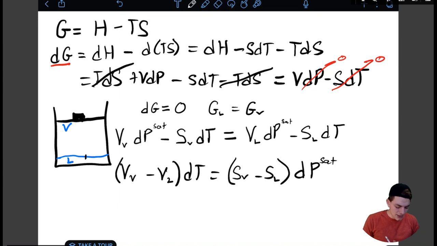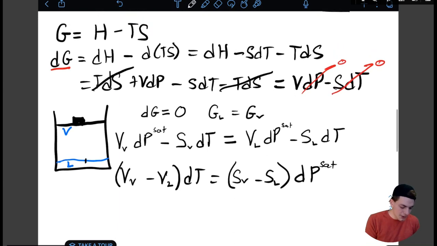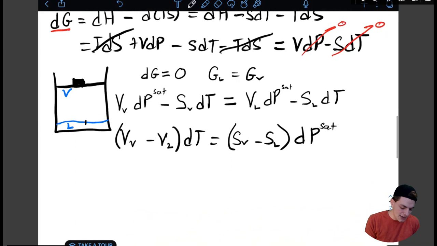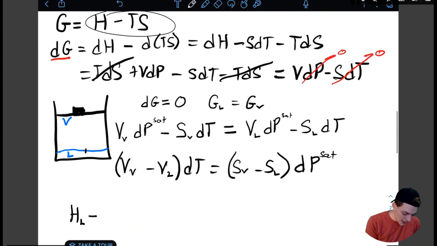And we said that the Gibbs free energy of the liquid phase would be equal to the Gibbs free energy of the vapor phase, right? So therefore, we can basically take the expression here and write it in terms of the liquid or in terms of the vapor phase and set that equal to each other. So we can say the enthalpy of the liquid phase minus the temperature times the entropy of the liquid phase is going to be equal to enthalpy of vapor minus temperature times the entropy of the vapor phase.